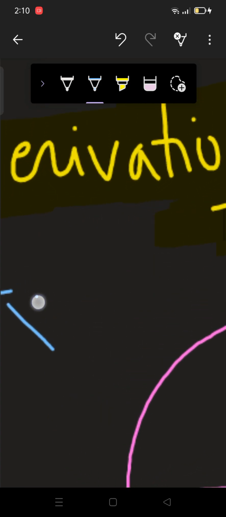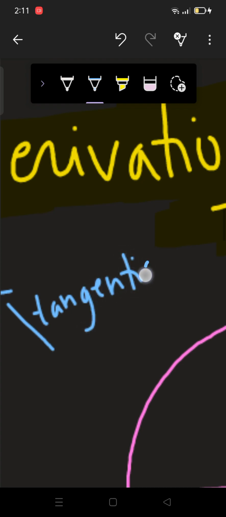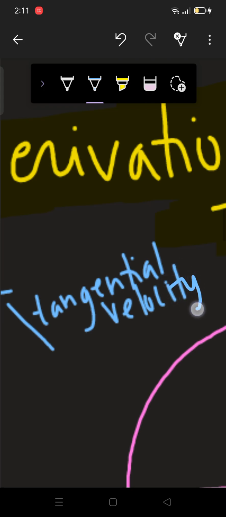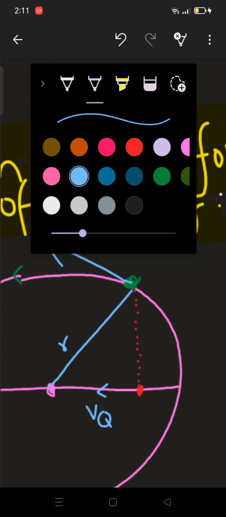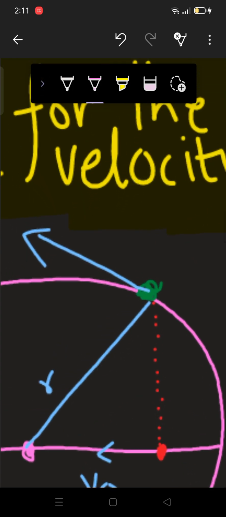Let me write this here. This is tangential velocity. Now see, we need to break this vector into its components, right?